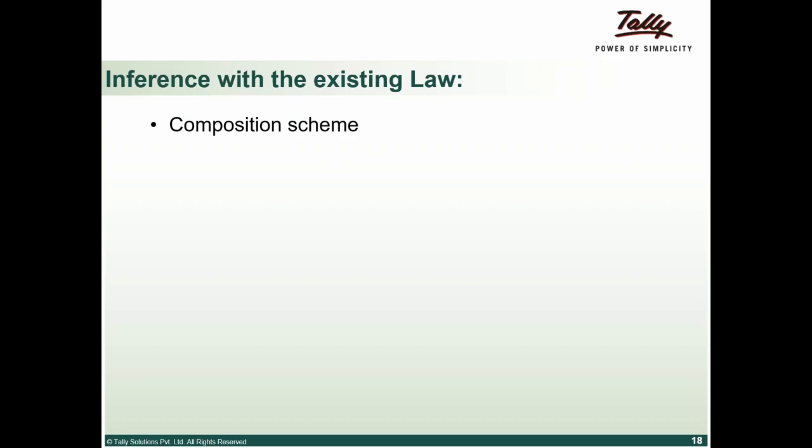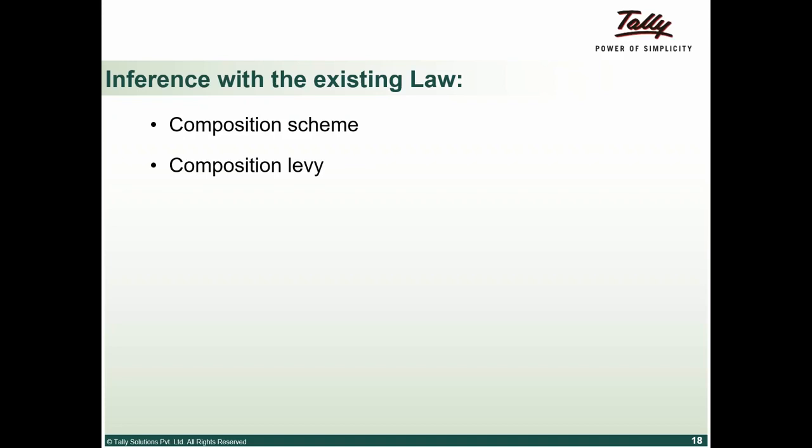Okay? So the composition scheme was there in the existing regime and will be continued when the composition scheme is made available under the GST law also, which we have seen and discussed. The next is the composition levy.